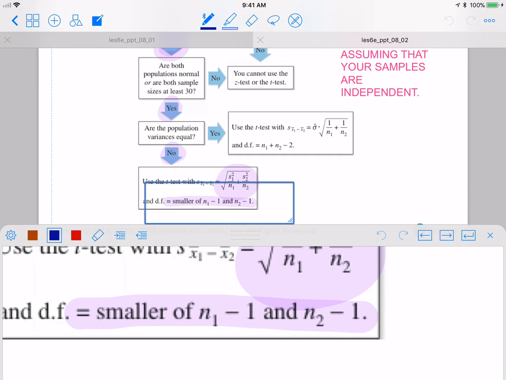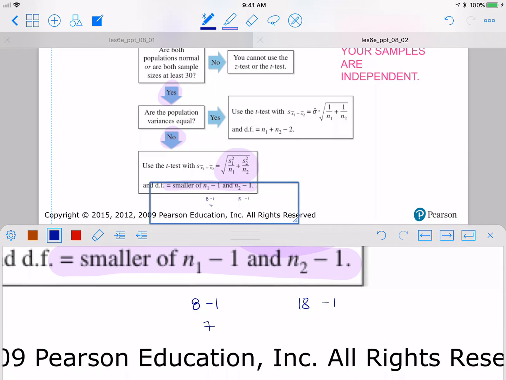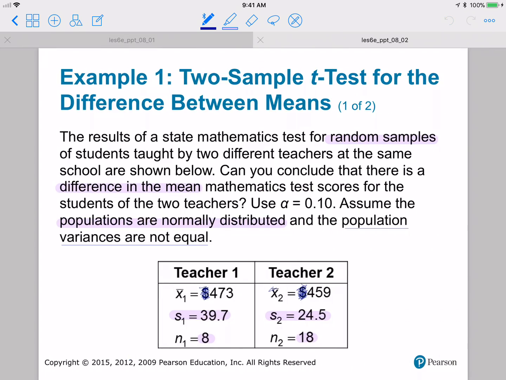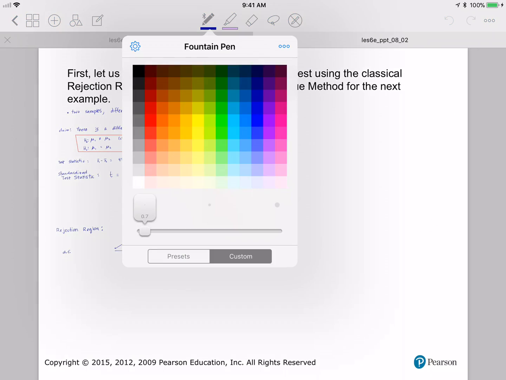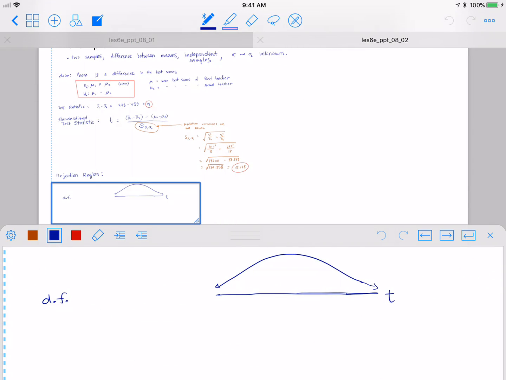For us, N1 is 8 and N2 was 18, so we would have 7 versus 17. We go with the smaller of them, which is 7. So our degrees of freedom are 7, and we're going to need that information when we calculate our critical values.